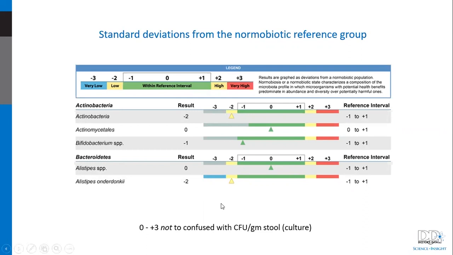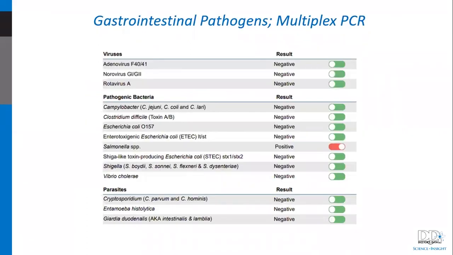So this is not to be confused with the 1 to 4 plus, or the +1 to +4 that we see in culture where we're looking at colony forming units. This is standard deviations away from normal biosis.